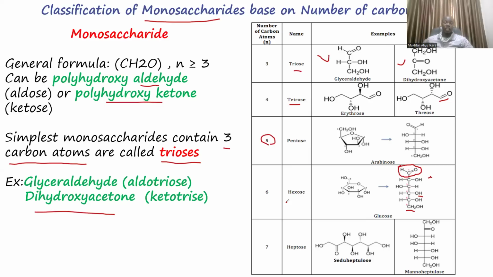The next one is hexose, the one that has 6 carbon, and an example is glucose. Then we have heptoses, those sugars that have 7 carbon, and examples are sedoheptulose and mannoheptulose. These are the typical examples of the classification of monosaccharides based on their number of carbon.